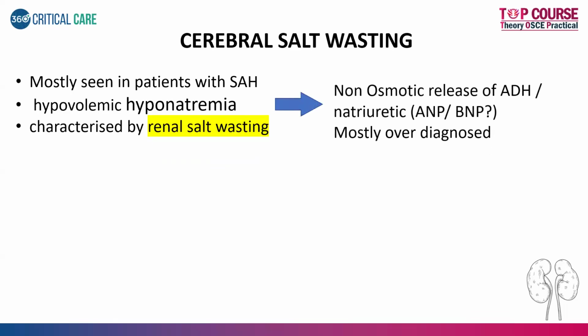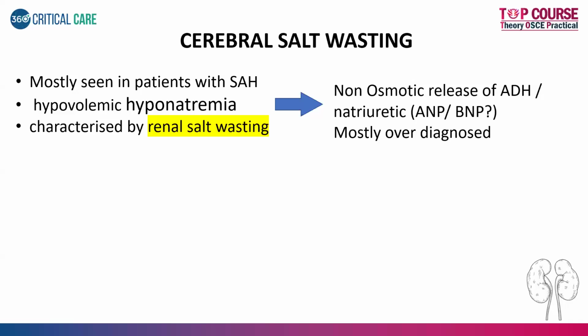The exact mechanism is still a mystery. It can be because of the non-osmotic release of ADH, or because of the release of atrial or brain natriuretic peptide. The problem with this is that most often it is overdiagnosed. Okay, so more often, whenever you have a case in the ICU with a CNS problem, the case would be SIADH rather than cerebral salt wasting.